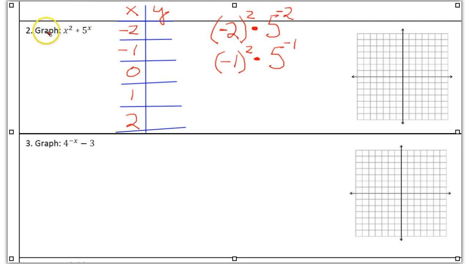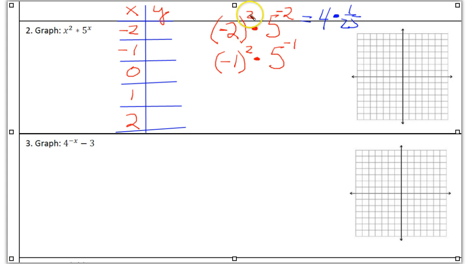Following our strategy for number 2 now, we're going to create a little t-chart where we'll use those same values. And now where we have our x, we're going to substitute a -2. So -2 squared times 5 to the -2.